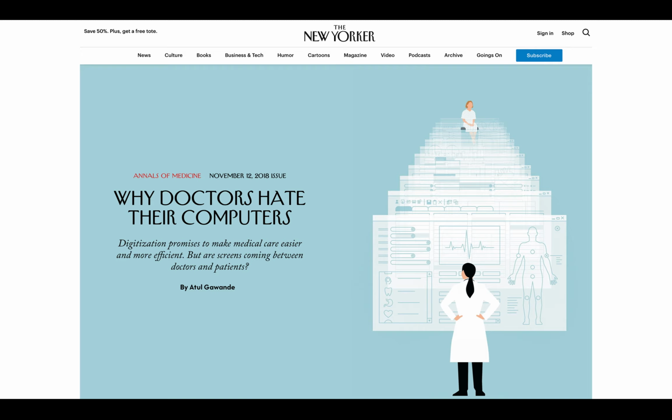The problem I have, though, with this article is I think it lumps together the different causes of information technology problems into just this general category of technology. And then Gawande juxtaposes technology against humanity and says that technology might be a problem. I think he's not nuanced enough. He doesn't separate out the issues with EHR technology into the different groups responsible for it.